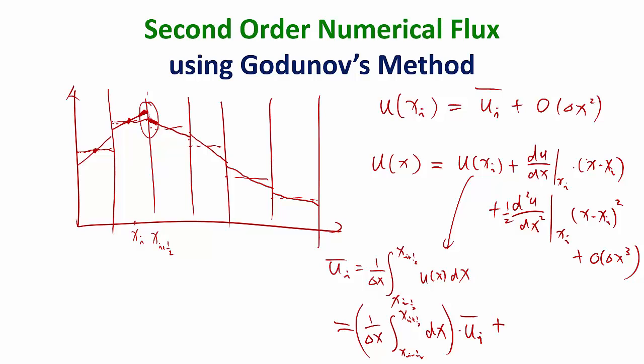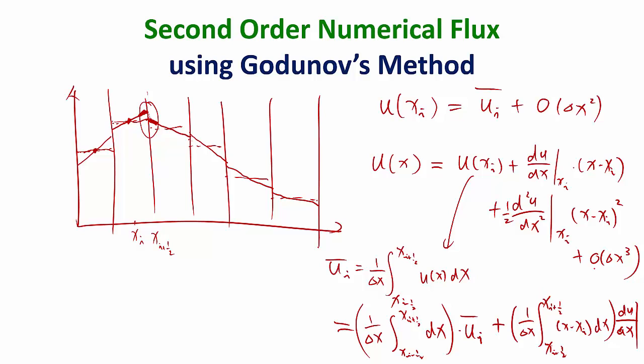The second term is even more interesting. I'm going to be integrating from xi minus half to xi plus half, x minus xi dx times a derivative term. And I'm going to convince you that this term is equal to 0.